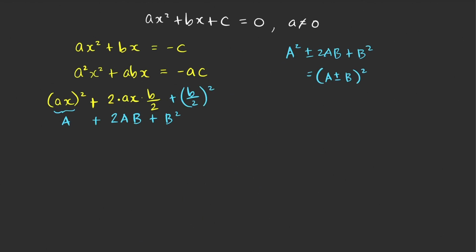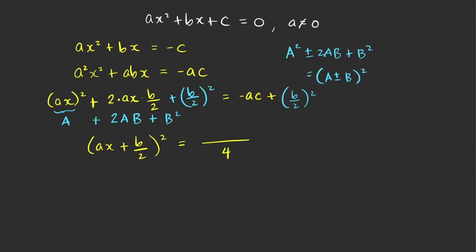We need to add that to both sides of this equation, negative ac and then plus b over 2 quantity squared. And we'll get the factorization of the left-hand side, which will be ax plus b over 2 quantity squared, equal to, and we can combine the right-hand side into a single fraction.